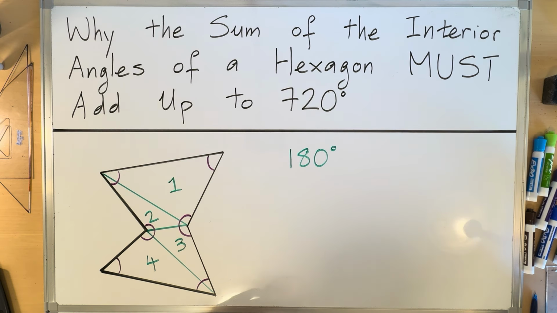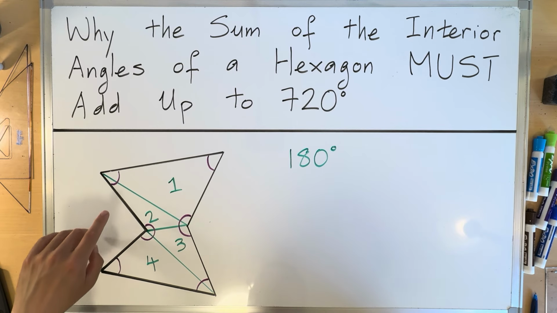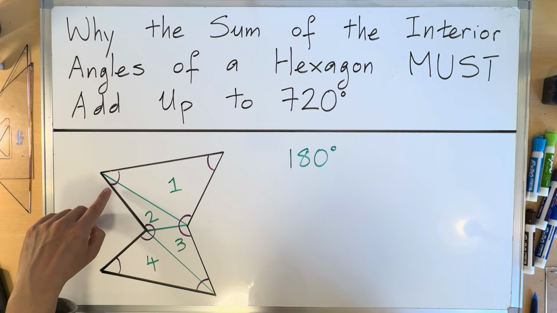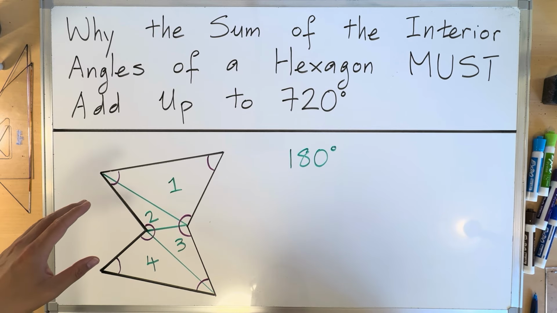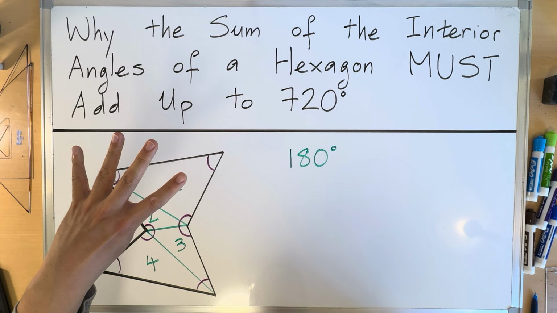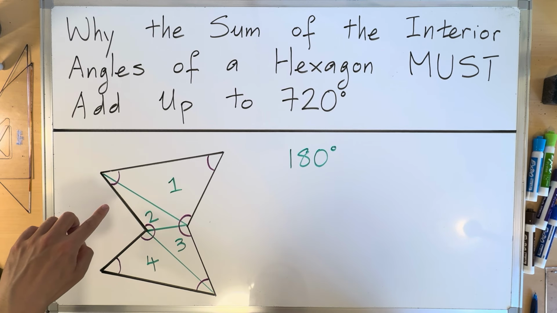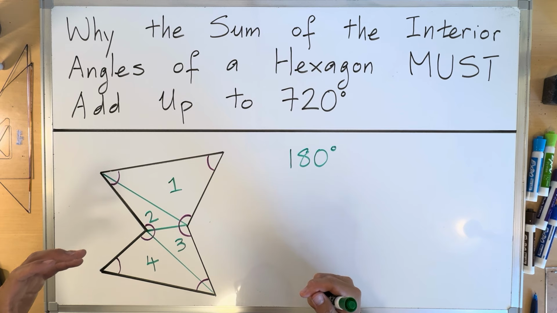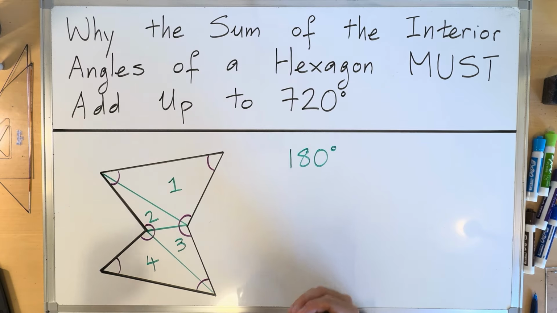So if you take a look at this carefully, you will see that all angles of all 4 of the triangles together make up the interior angles of all 6 angles of this hexagon right here.